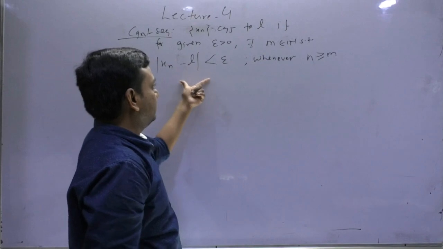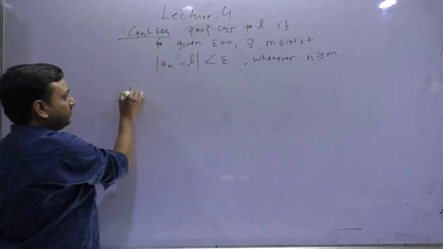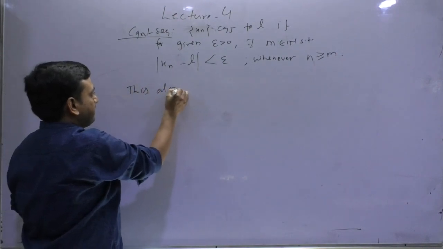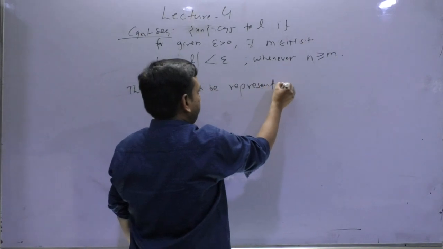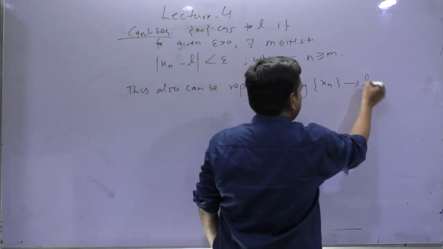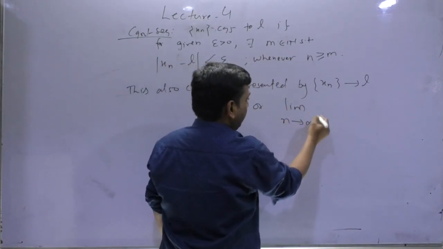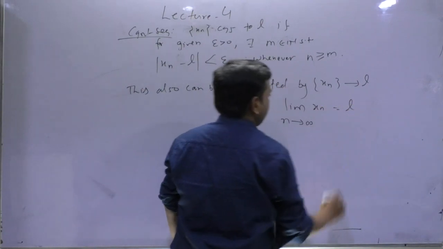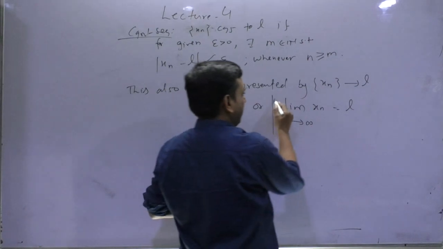This can also be represented as xn converging to L, or limit as n tends to infinity of xn is equal to L. So from here we start our next point.